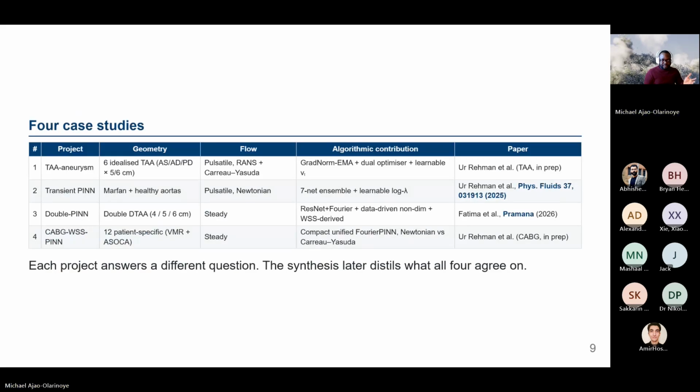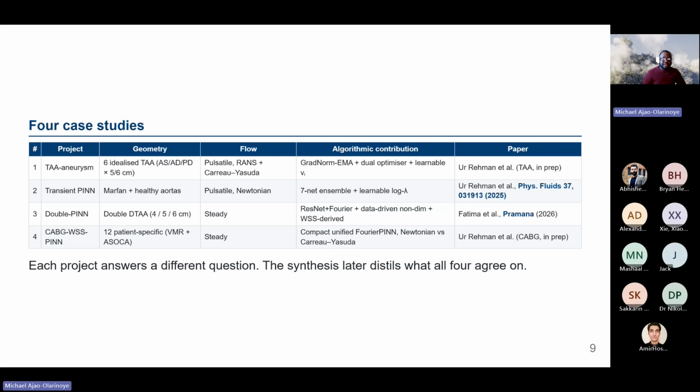Now, for the four case studies, the first one is a thoracic aneurysm study, whereby we got data from 6 different patient-specific cases, both healthy and diseased versions. The flow was based on the Reynolds equation, and it was pulsating at systolic and diastolic phases, and we also used the Carreau-Yasuda equation for this.